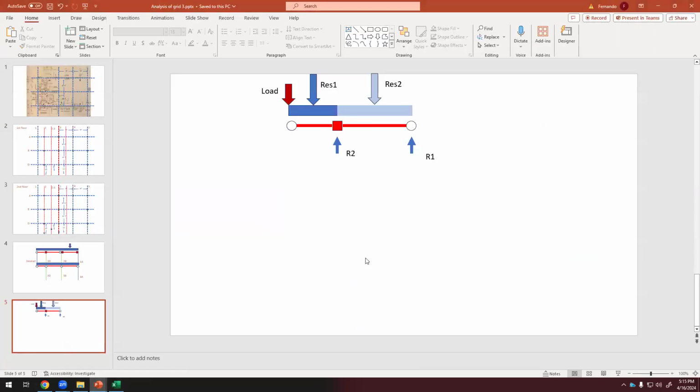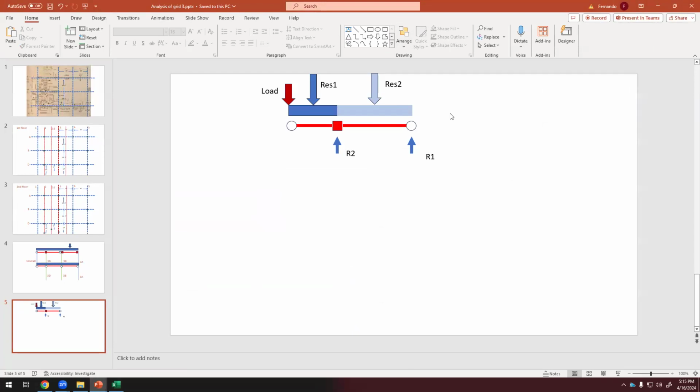Okay, and now we are going to take moments here at 1. So we have the same thing, clockwise, counterclockwise. Do you agree that the load and the resultants are going to move this counterclockwise? Yes, we agree with that. And R2 is going to move it clockwise.